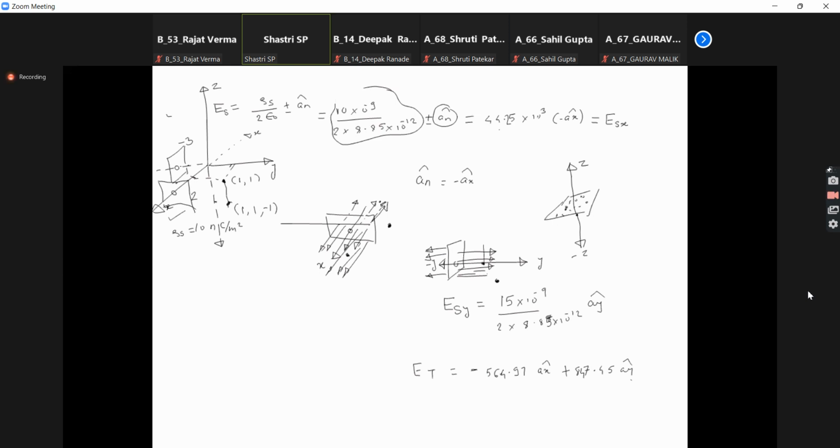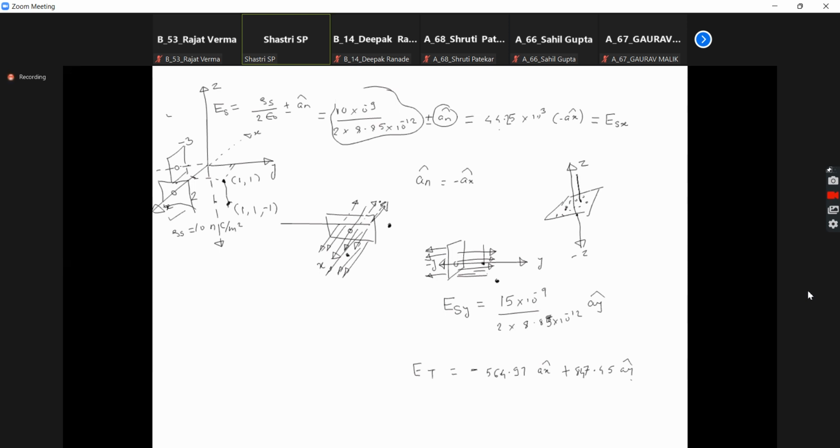So to solve the problem, your theoretical idea should be very much clear. The clearer it is, the less difficulty you will face while solving the problem. The theory of surface charge density says that whatever electric field emerges from the surface of a charged sheet will always be normal, that is, perpendicular to the sheet.